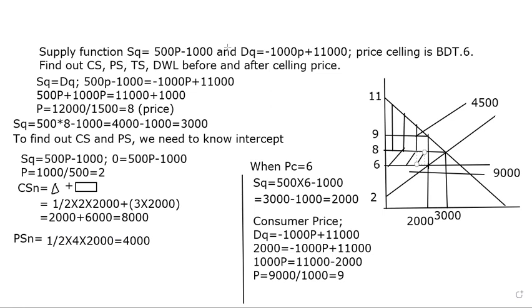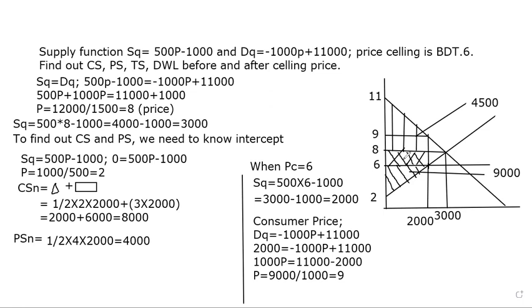And right now this area is consumer surplus, and this area is locked, because now this area, 8 and 6, is under both consumer and producer surplus.